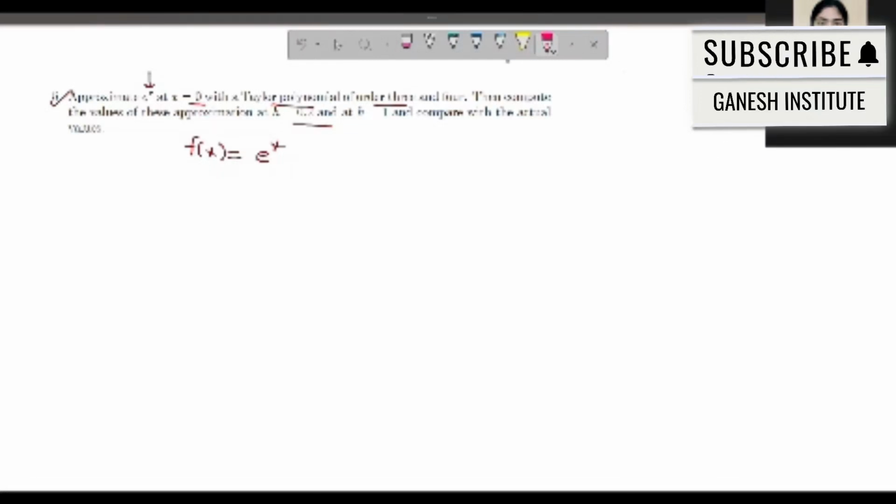Ma'am, but how do you know how much you would expand here? Because first order differentiation, second order differentiation. So when it is a polynomial of order three, expand it up to three derivatives.